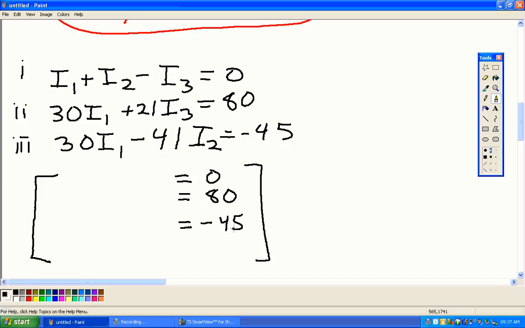So the first column is going to be my I1s. So in that first equation, I've got a 1, then a 30, and then a 30. In the next column is where I put my second unknown variable. So I'm going to have a 1, a 0, and a negative 41.